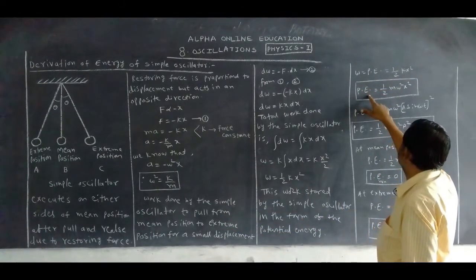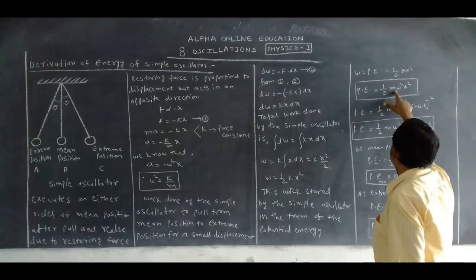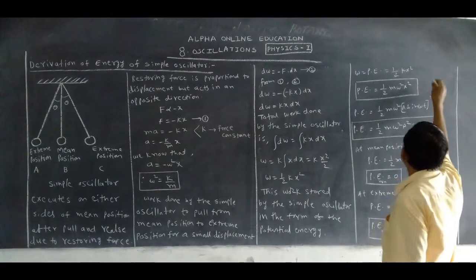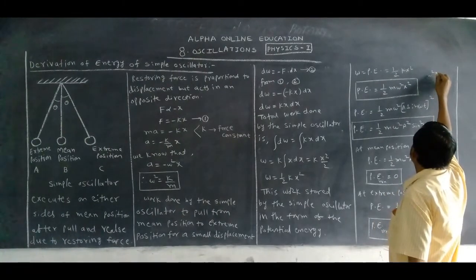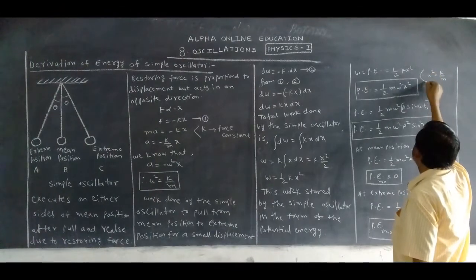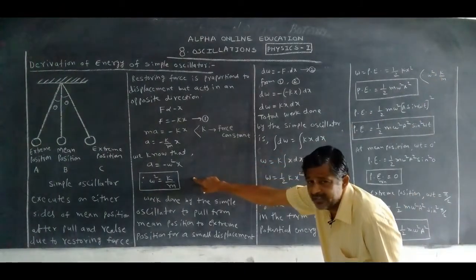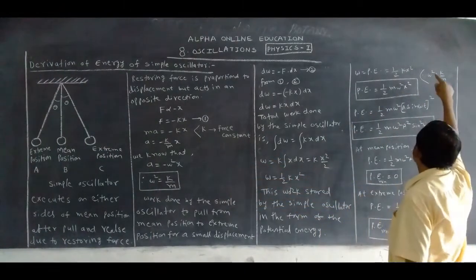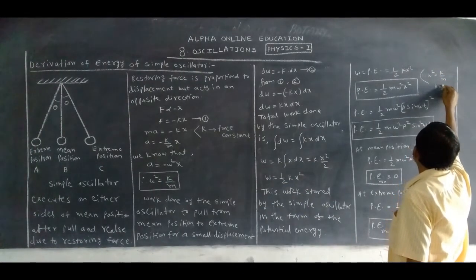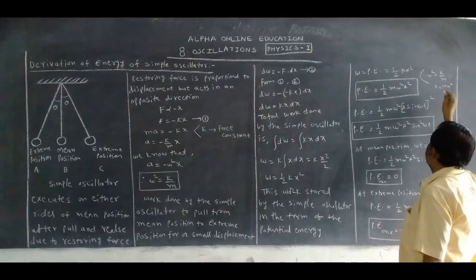So potential energy is equal to half m omega square x square. How can we get this? We know that omega square is equal to k by m. From this, k is equal to m omega square.